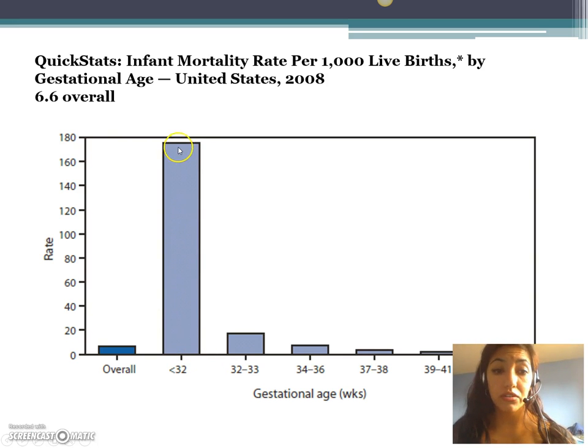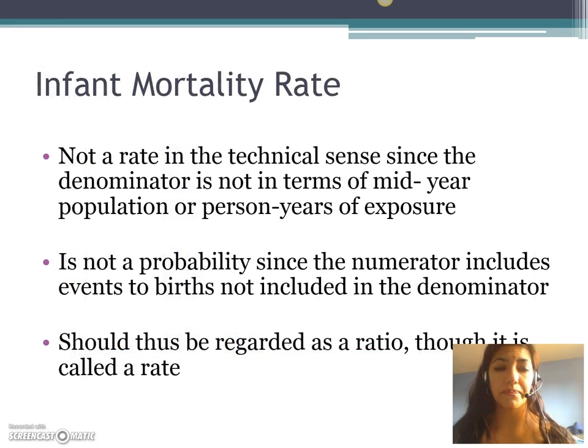Most miscarriages take place under 32 weeks, then 32 to 33, 34, and it starts decreasing once you pass that first trimester. The chances really start decreasing, and they increase only slightly when you pass 40, equal or greater than 42 weeks, because then the baby's been there a little too long.